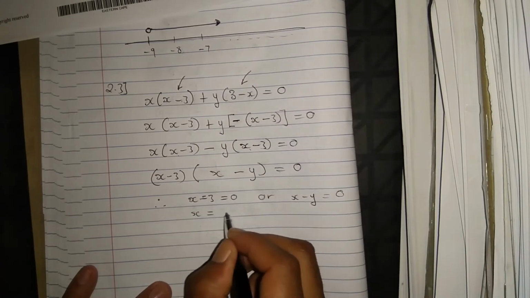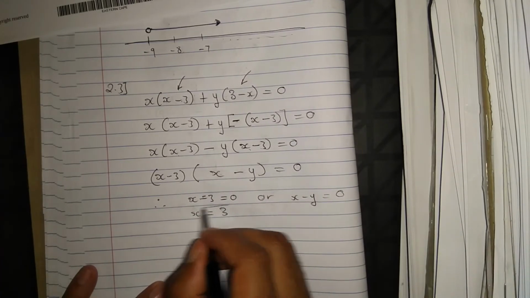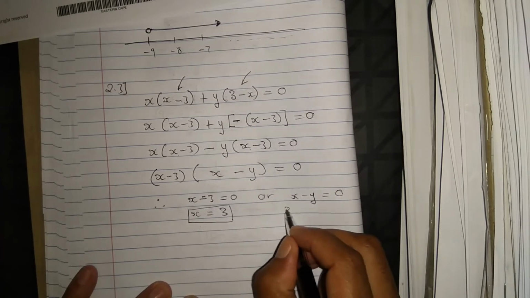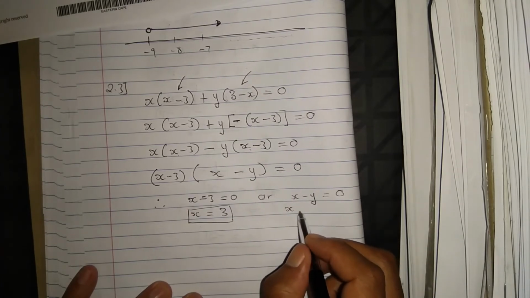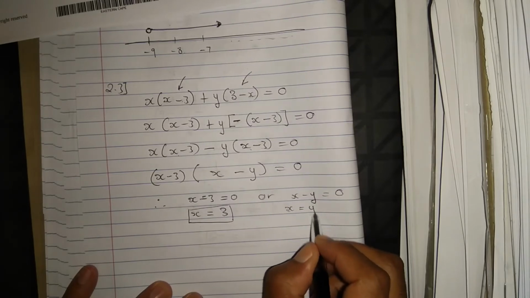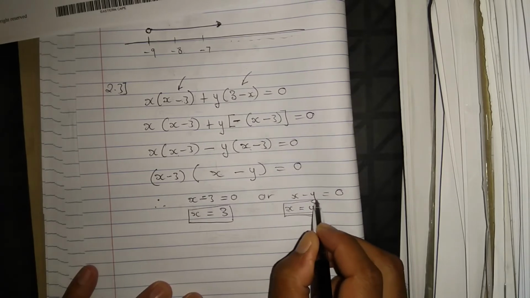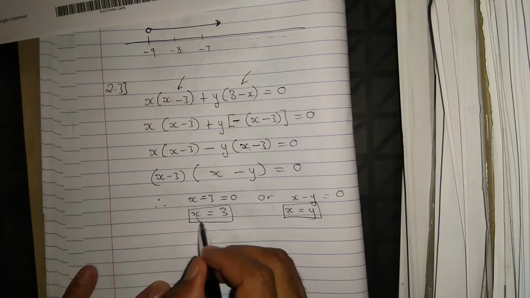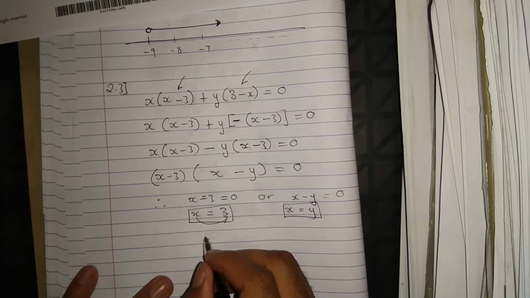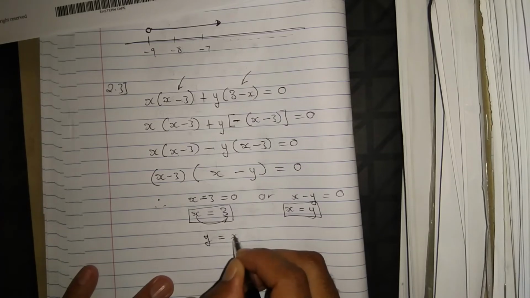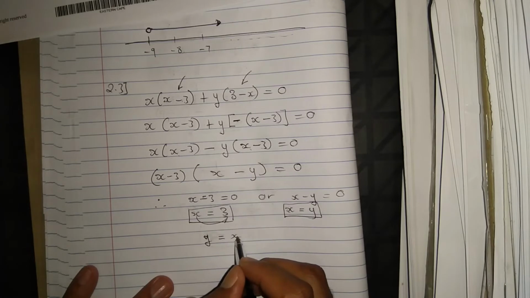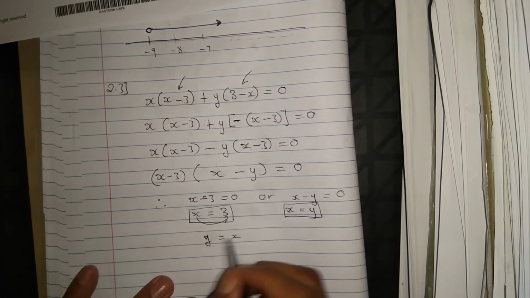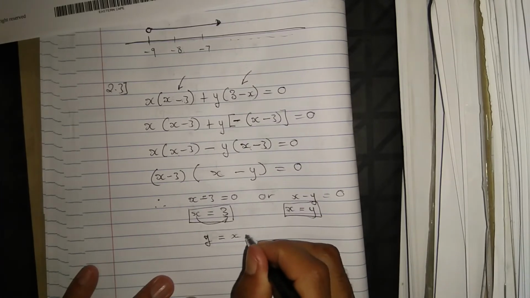So x here will be equal to 3. And then for the x, when I transpose y to the right hand side, I get x is equal to y. Therefore, the value of x is equal to 3, and then the value of y will be equal to x according to this statement or this solution. y is equal to x or x is equal to y is the same thing.